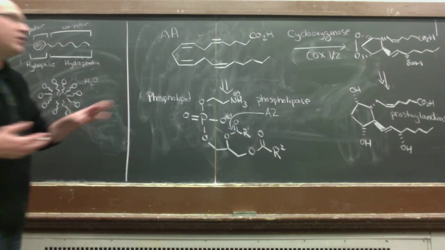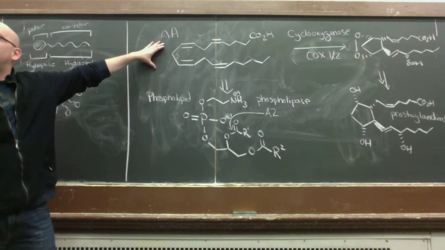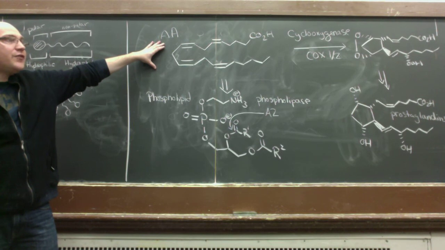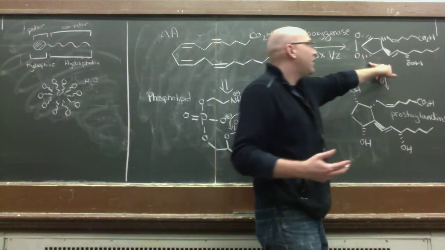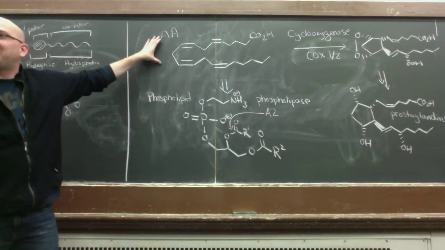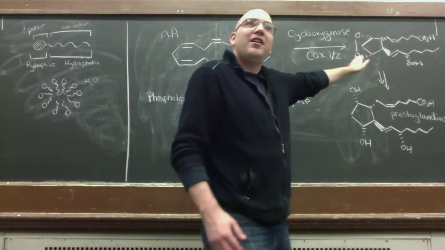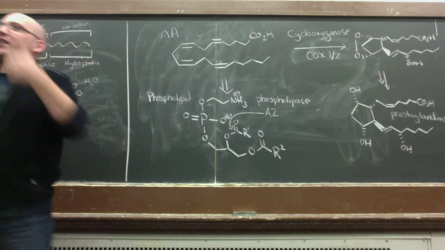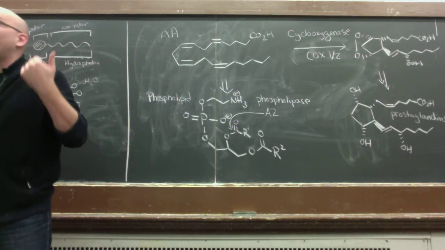The problem with COX-1 and COX-2 inhibitors is that if you inhibit the formation of these molecules, you're just going to get a buildup of this molecule, and something's going to have to happen with it. By inhibiting this pathway, you effectively upregulate the formation of other molecules. The molecules have to go somewhere.